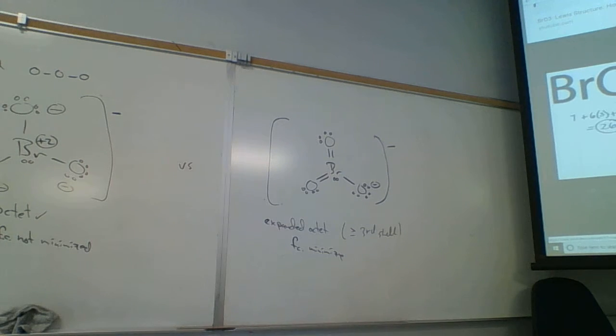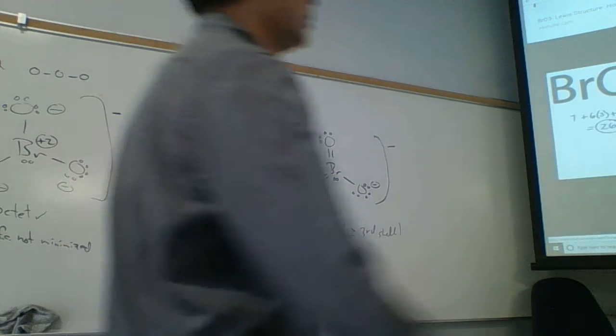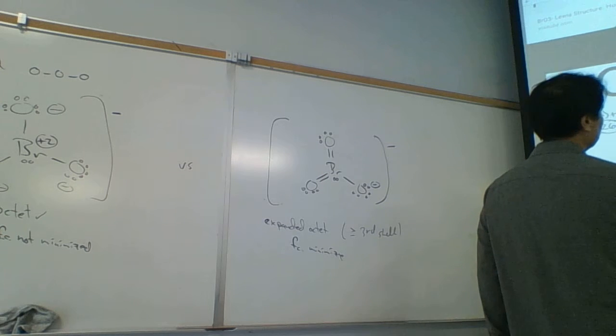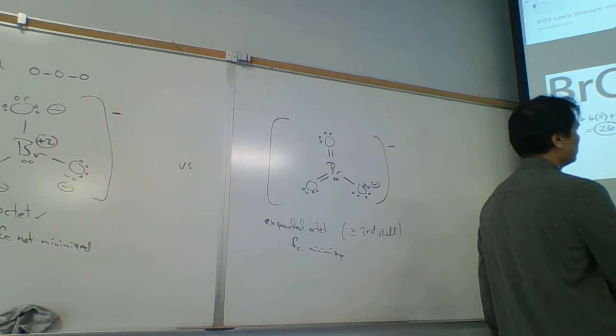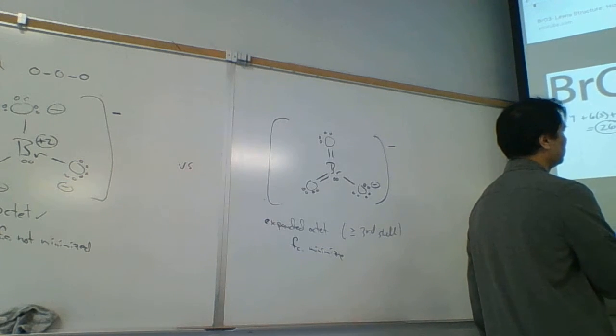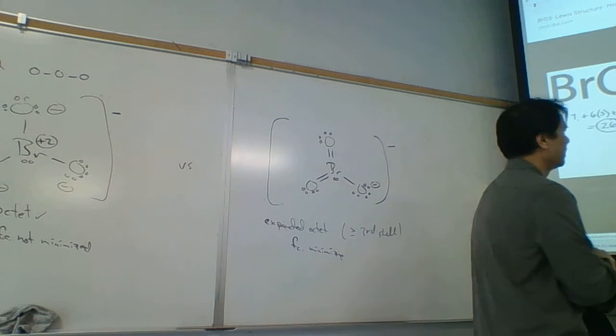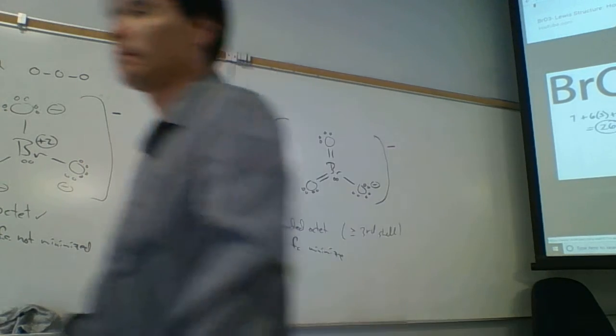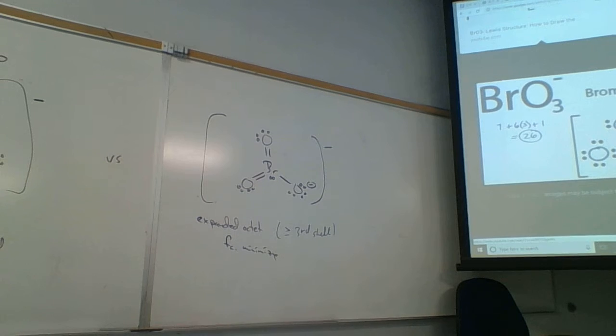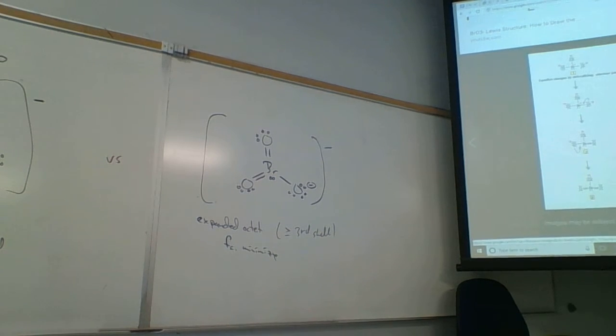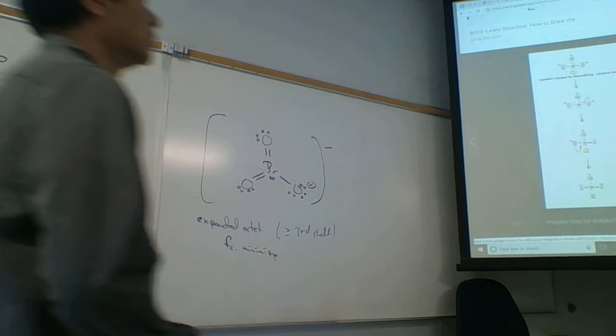What did they do here? They formed 2 double bonds here and 1 single bond, but they are using dots. This is what we got there. If you form 2 double bonds, actually this is showing forming 2 double bonds here.